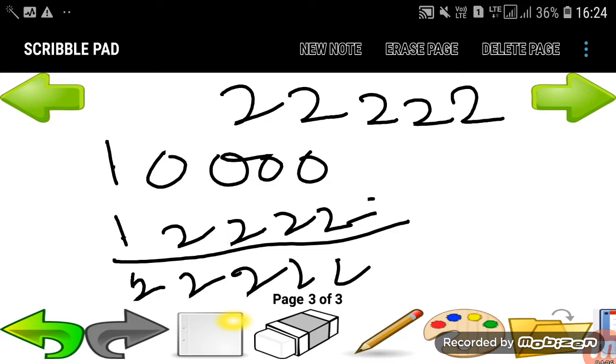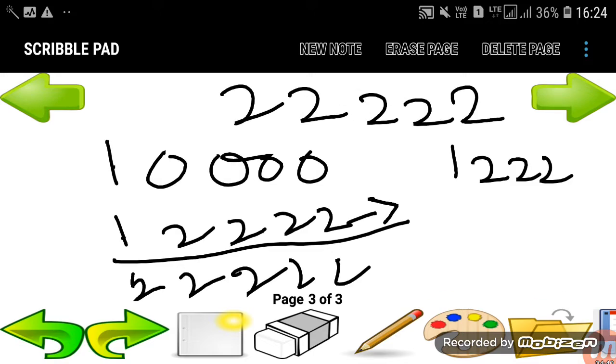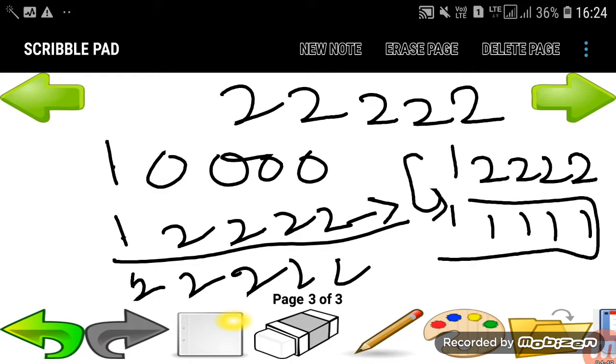But the maximum here is 12221. Now if we go back, we had all ones here, but here we are getting 12221. So when compared to these two, the all-ones pair is the minimum possible, so we need to display this AB pair.